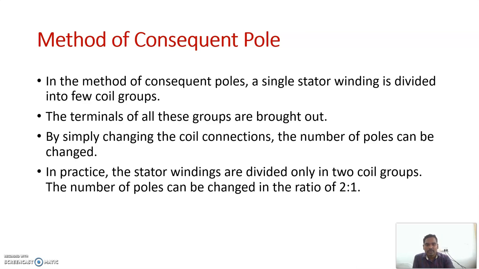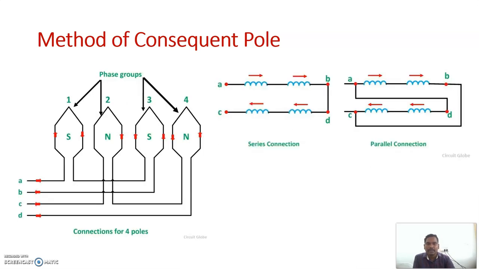This is represented here. We split the machine into 4 coil groups A, B, C, D, or 1, 2, 3, 4. These 4 groups are split and connected in a series and parallel combination, which creates the changes in the speed of the machine.